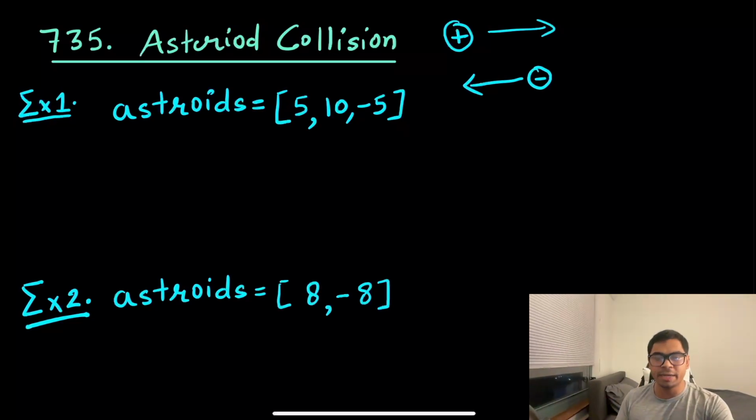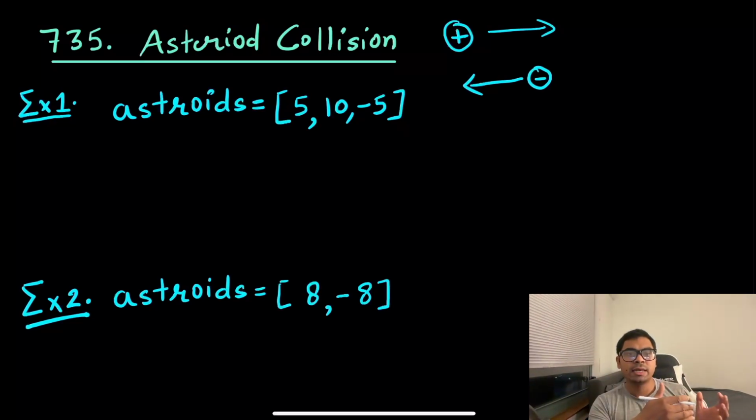We can keep appending them, but whenever we come across any left direction asteroids, we start popping from the stack if my left going asteroid has a greater absolute value. Otherwise you just ignore it, or you append it if the stack was empty. Now if stack was empty, then you push it in.